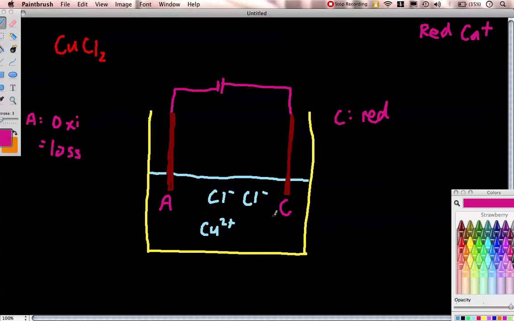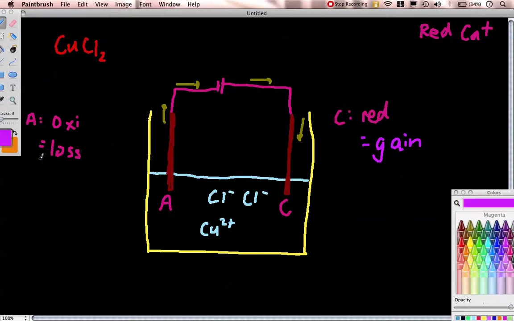So it's very easy for the battery to suck the electrons from the anode, or the site of where electrons are produced, and it pushes these electrons into the cathode. So this cathode is the site of reduction, or the gain of electrons.